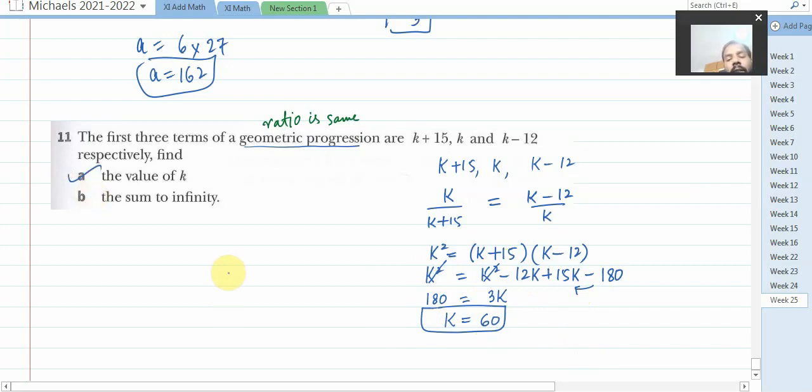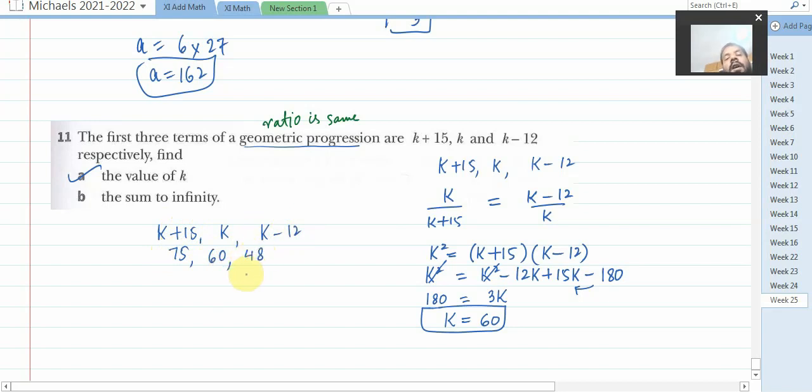Once you have the value of k, it asks for the sum to infinity. The terms we have are k plus 15 as the first one, k as the second one, and k minus 12 as the third one. I will place the value of k here. So 60 plus 15 is 75, k is 60, and 60 minus 12 is 48.